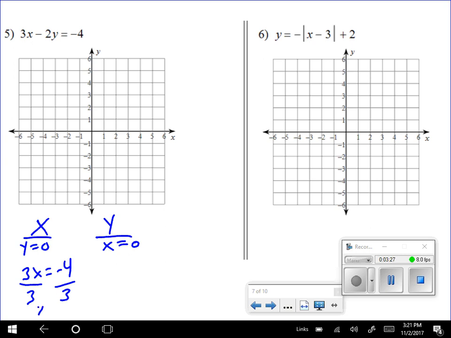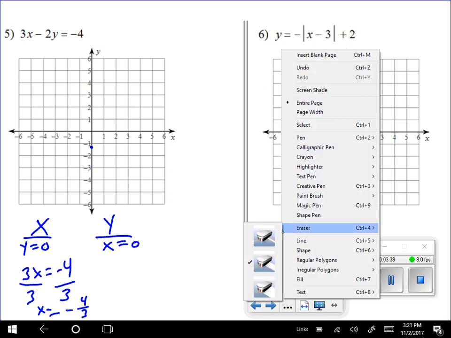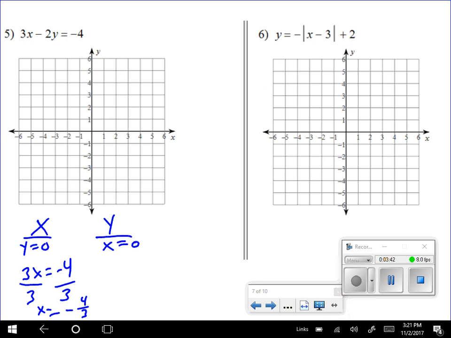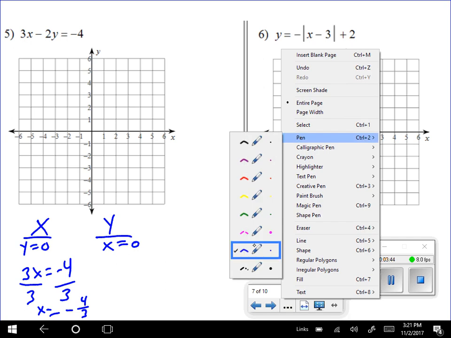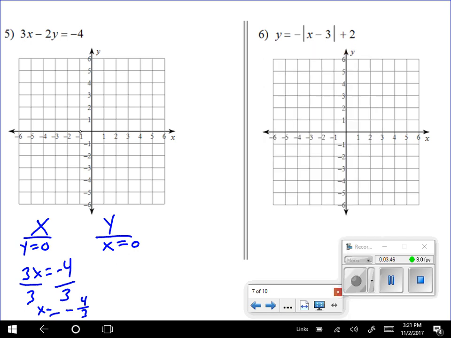I get x equals -4/3, or -1 1/3. So about right there is where it hits, sorry, the x-axis, not the y-axis. -1 1/3. There we go. Okay.